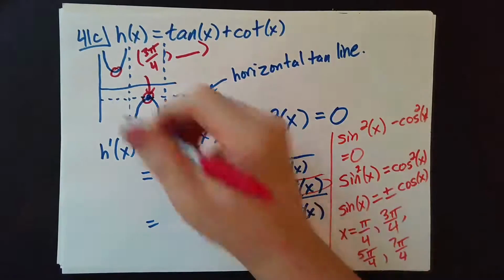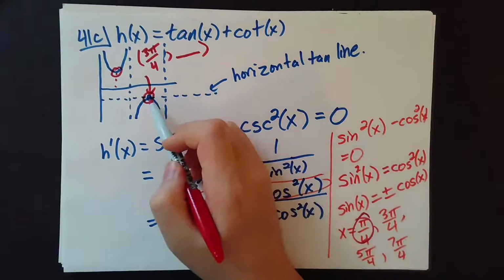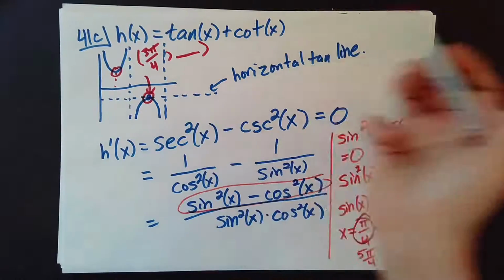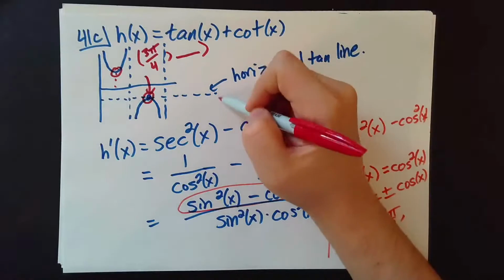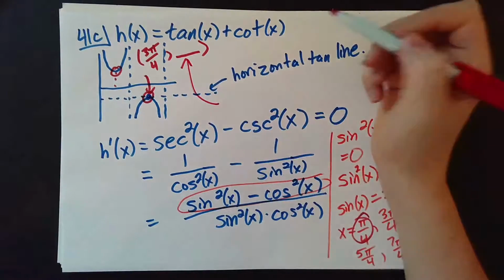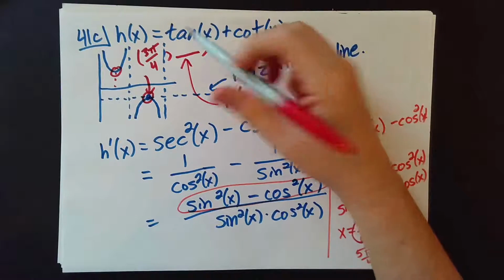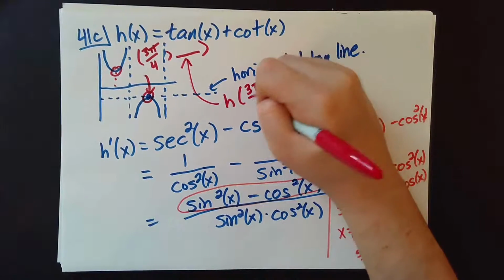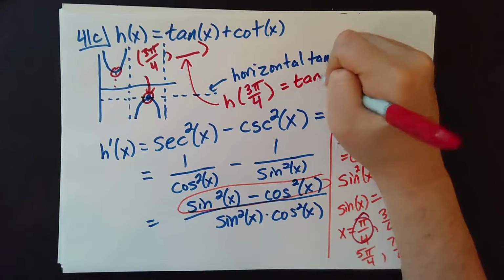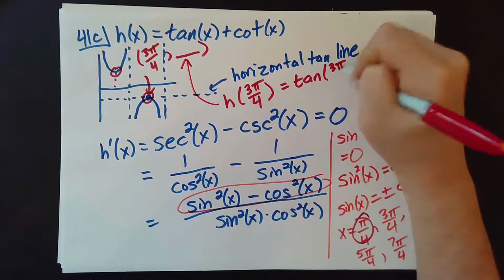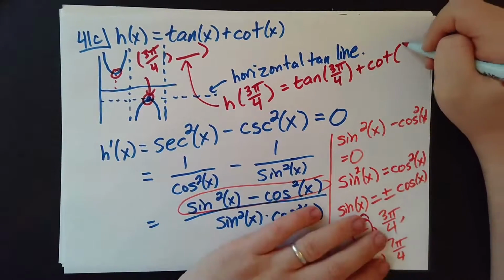Okay, again, this is the point that corresponds to pi over 4. So this is the point that corresponds to 3 pi over 4. It's the second one. The y-coordinate here is going to require us to calculate h of 3 pi over 4, which is going to be the tangent of 3 pi over 4 plus the cotangent of 3 pi over 4.